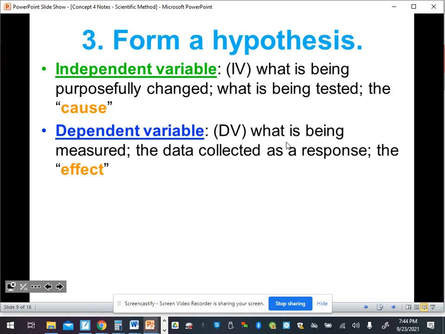Are you looking at measuring growth, time, number? Those are all different variables that you can have in an experiment, and it entirely depends on what you're looking at. So dependent variable is what is being measured. What data are you collecting as a response? So this is what we call the effect.